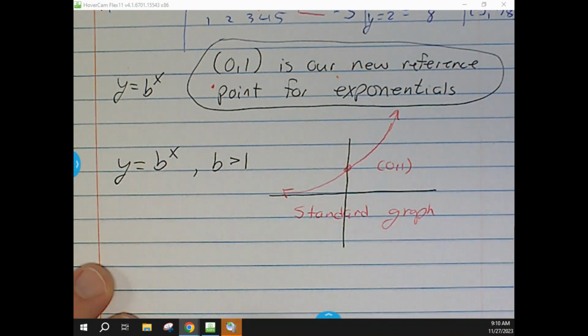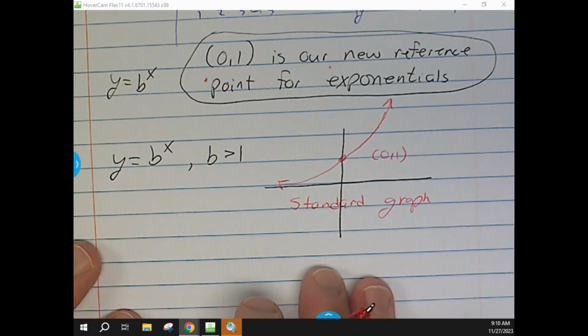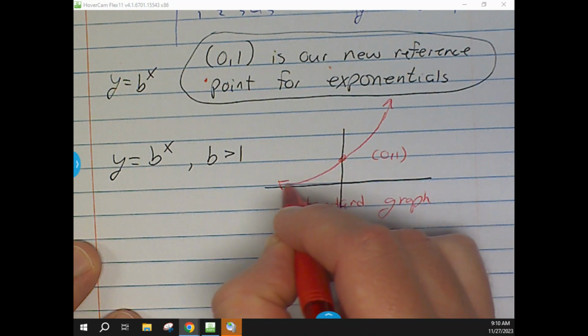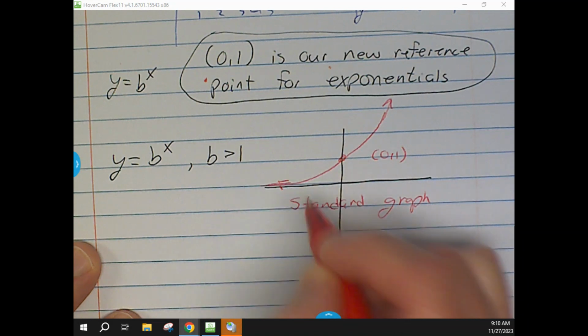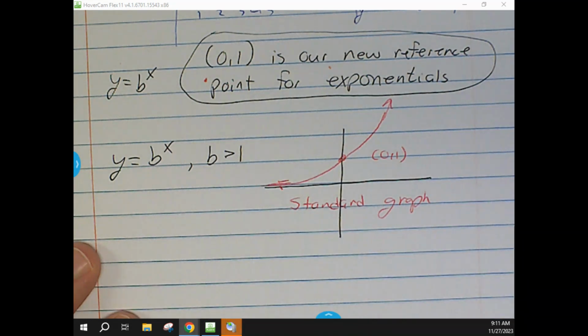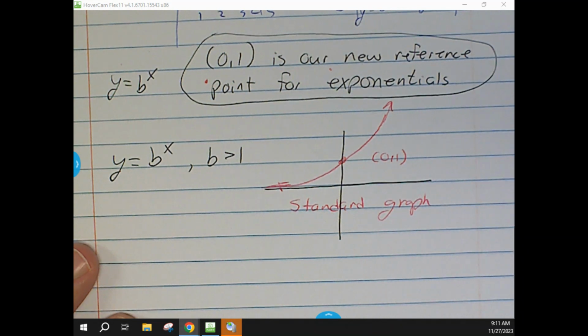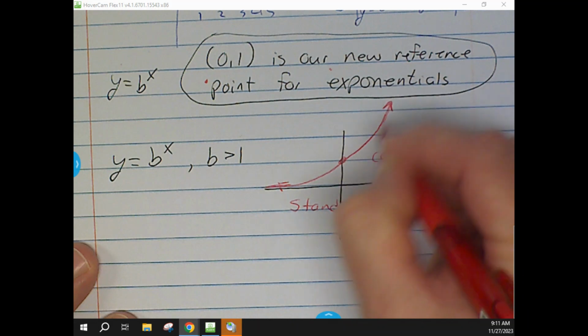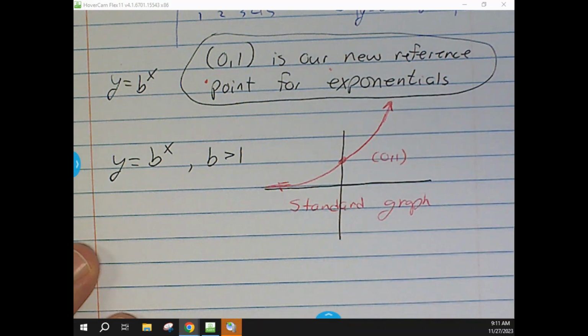Your base graph, your standard graph, as you get close to the bottom on this part of it, it's going to get really close to 0. The answer is not quite going to be 0, but for all intents and purposes, it's going to be 0. Same thing on this one. It's going to start to go, and it's going to graph and run off to the top.